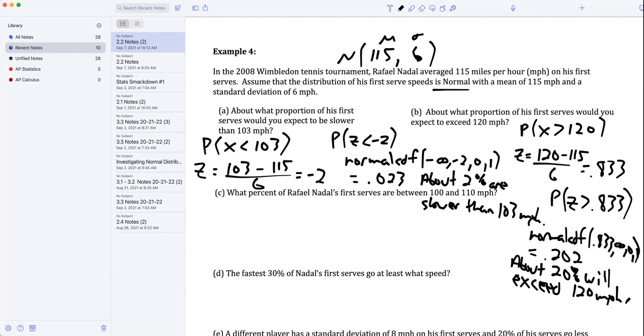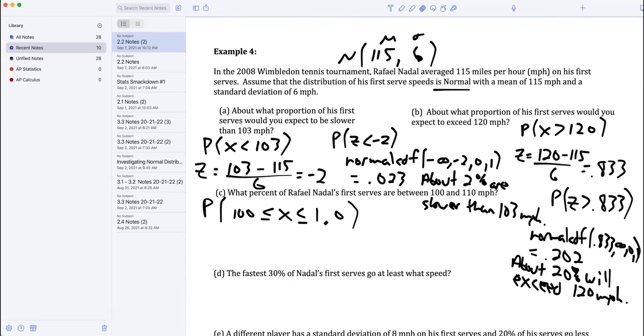And then the last one on this part says, what percent of Rafael Nadal's first serves are between 100 and 110? So I need to find two z-scores this time, one associated with 100 and one associated with 110. I want the probability that x is between 100 and 110.